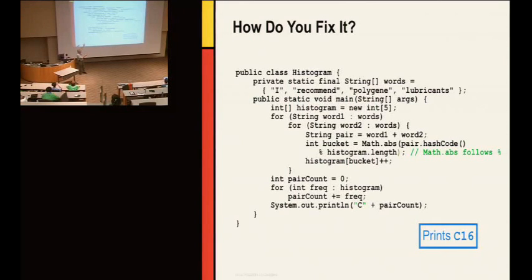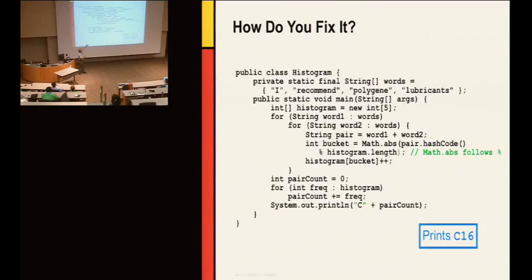Why? Well, hash code could be anything from min value to max value. It could be a big negative number or a big positive number. Once I take it mod histogram length, it varies between -4 and +4, with 0 represented twice as often as any other value, right? And then I take that and I take its absolute value. And now that can range from 0 to +4. So it's a good array index.